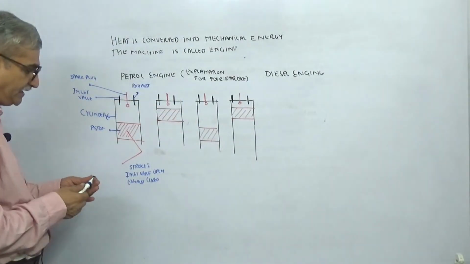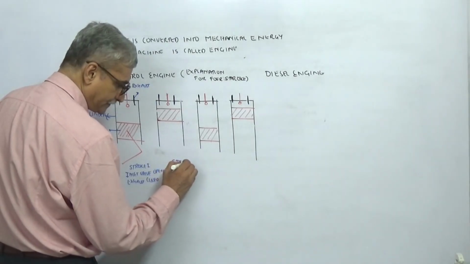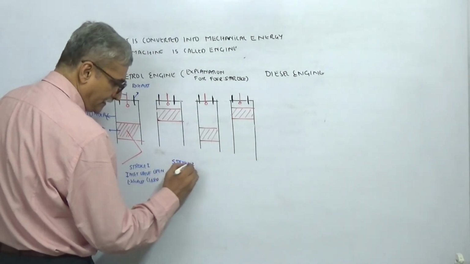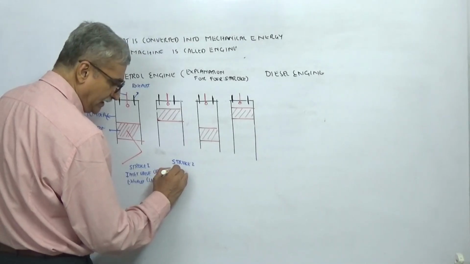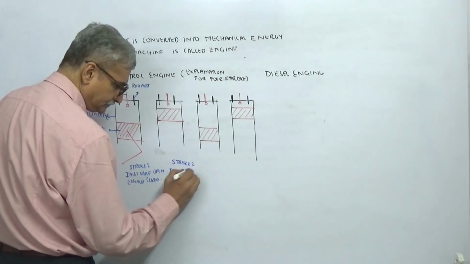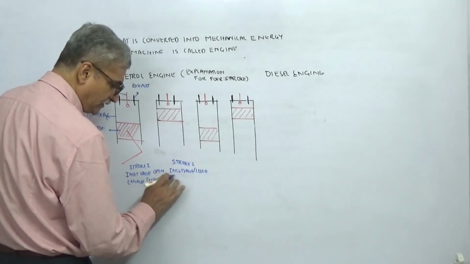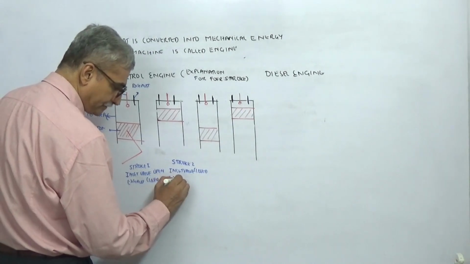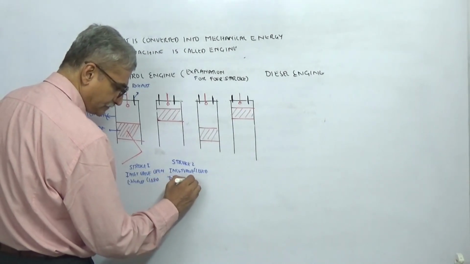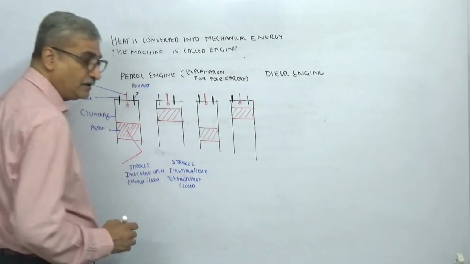So in stroke 2, the inlet valve is closed, and the exhaust valve is also closed. Then what happens?